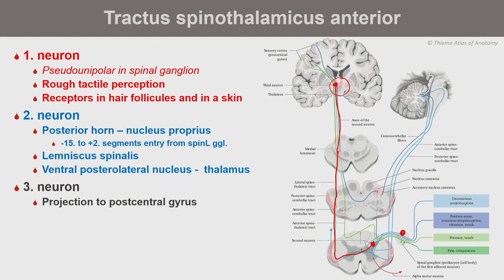So thalamus, and from thalamus the third neuron is then distributed to the cortex.